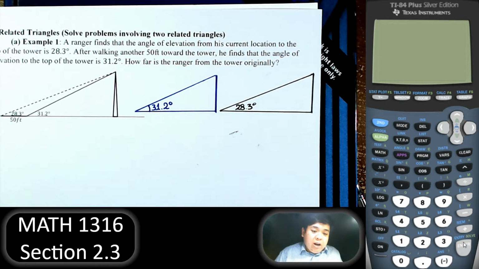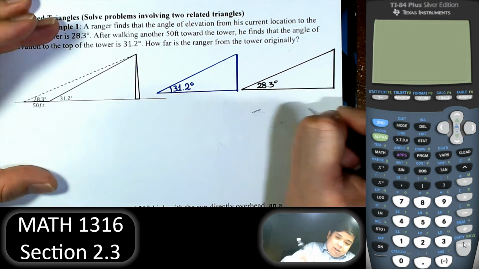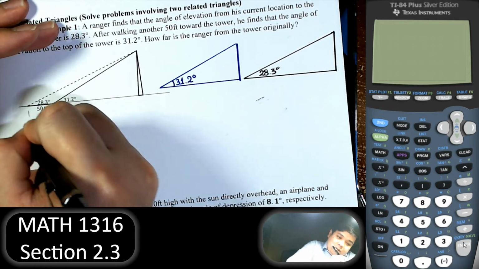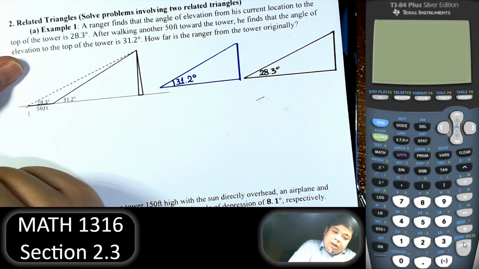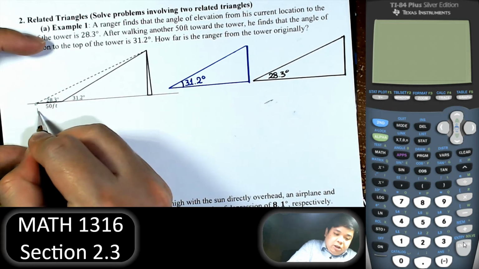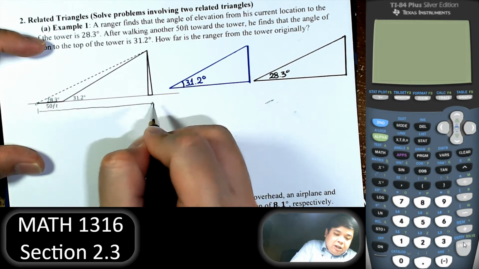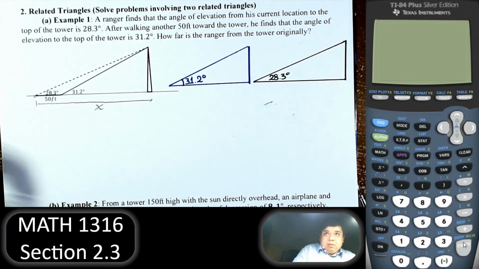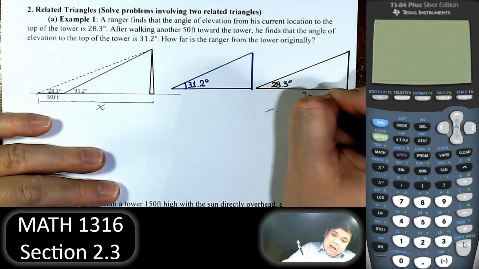What we're trying to find is how far the person is from the tower originally. So we're asked to find this distance originally. He walked toward the tower, so originally this is the distance that we need to find, meaning this is x distance.